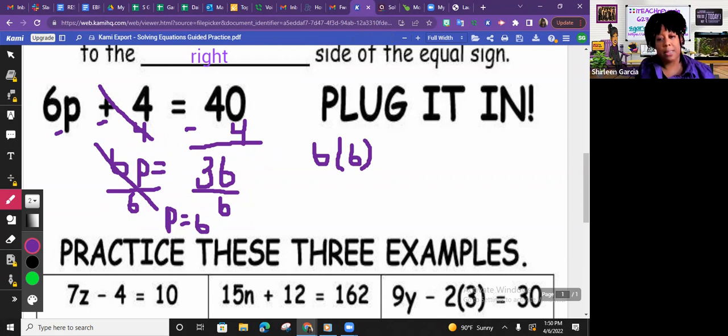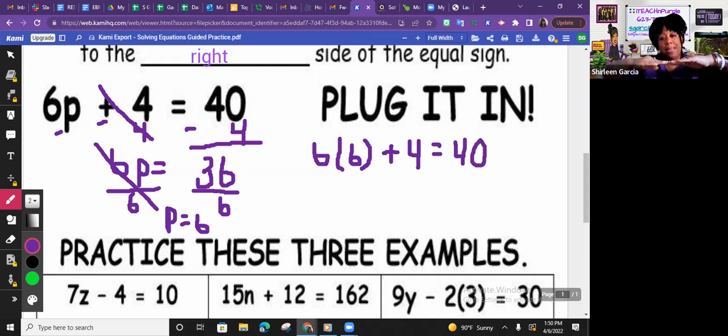So 6 times 6 plus 4 equals 40. We're gonna see now if our equation is balanced on both sides. It has to be equal on both sides to be correct, okay?